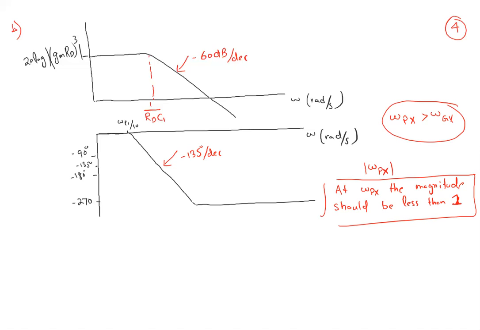So let's go back. Which will be the phase crossover frequency? Where the angle is minus 180 degree. So this point is omega px. First we'll do it analytically, then we'll do it quantitatively too.